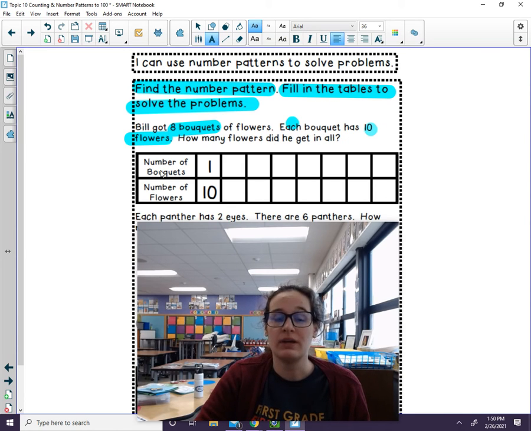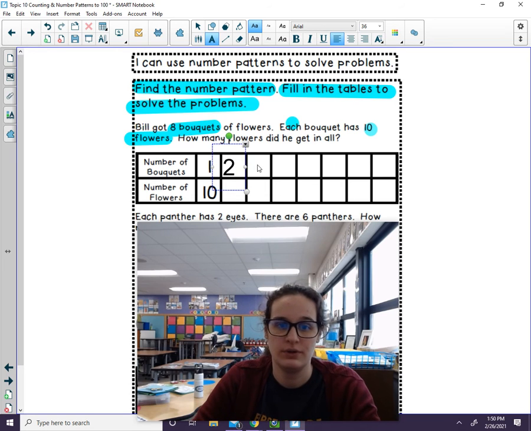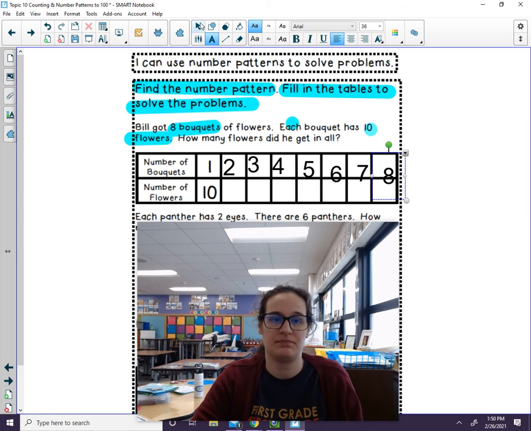Okay, well, we know the number of bouquets. It is 8. 8 bouquets. So let's fill in this top part together. They already gave us the 1. 2, 3, 4, 5, 6, 7, 8.